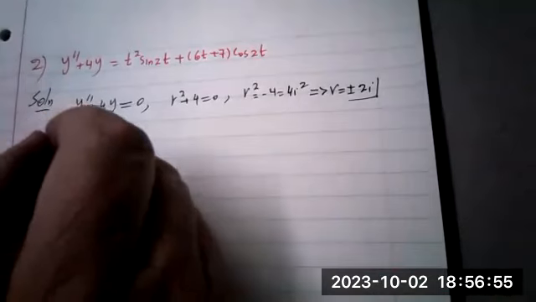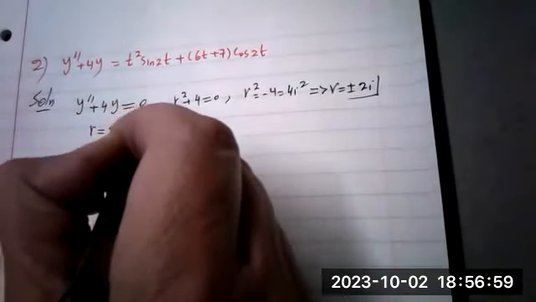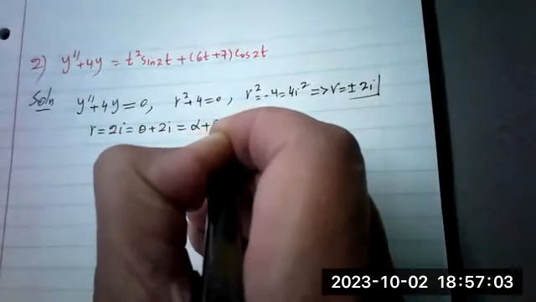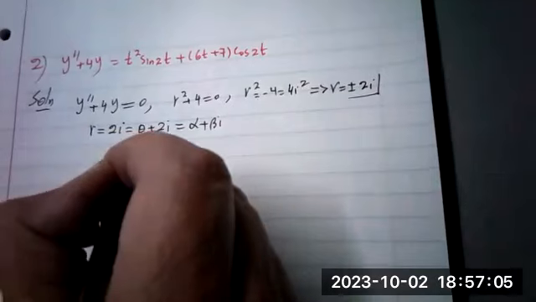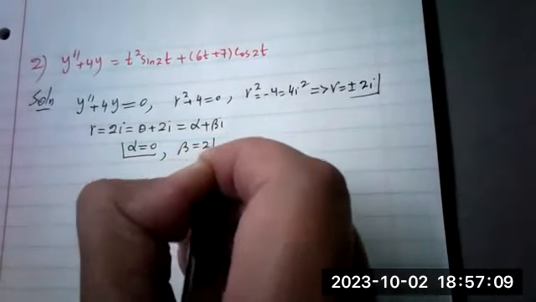Pick one of them, r equals 2i, which is the same as 0 plus 2i. If you compare it with alpha plus beta i, your alpha would be 0 and your beta would be 2.